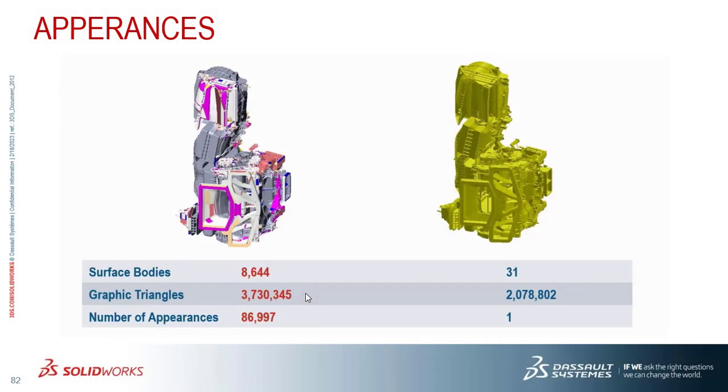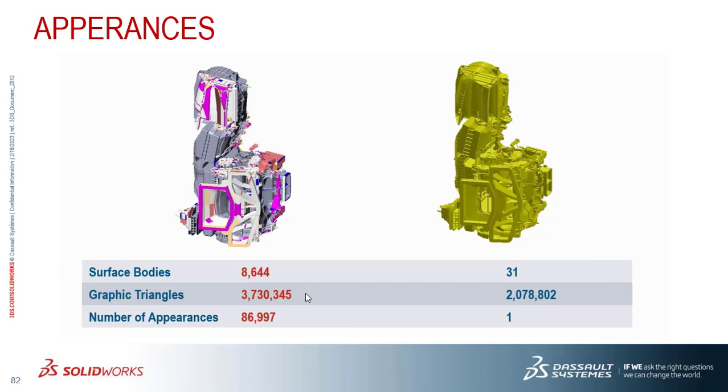Next, a major importance is the appearances. Lots of users give n number of appearances to different faces. Here is one example I just explain. On the left-hand side, that model has a surface body count of 8644. Why?